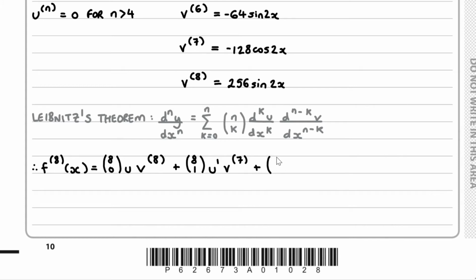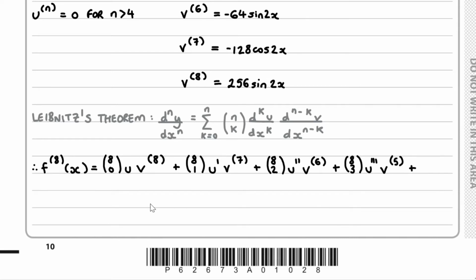And then we have 8 choose 2 times the second derivative of u times the 6th derivative of v. And then we have 8 choose 3 times the third derivative of u times the 5th derivative of v.